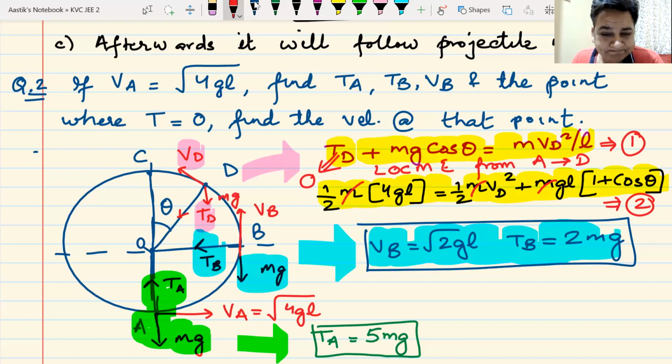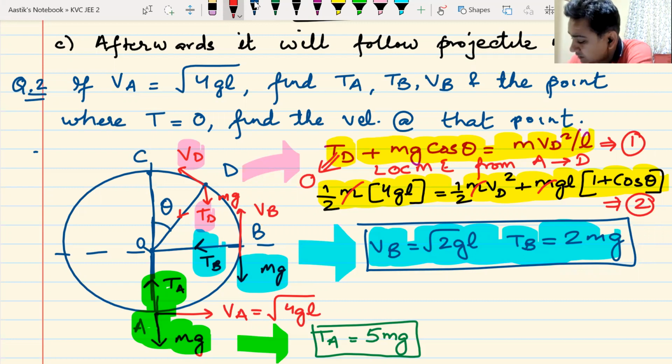Get me the value of cos theta and VD from the two equations.